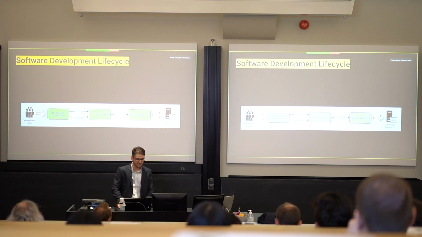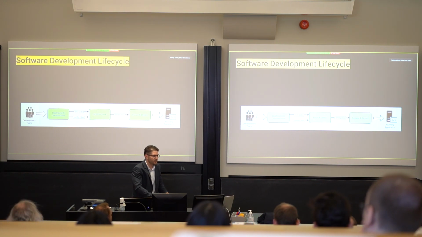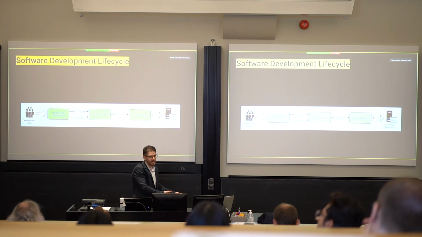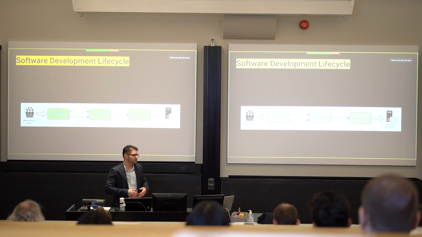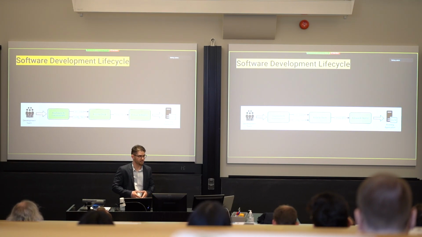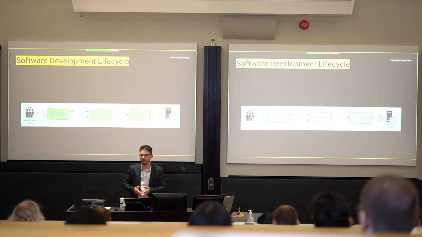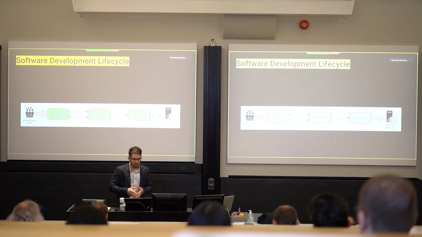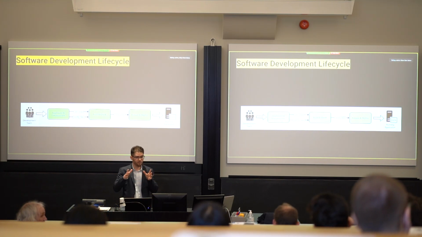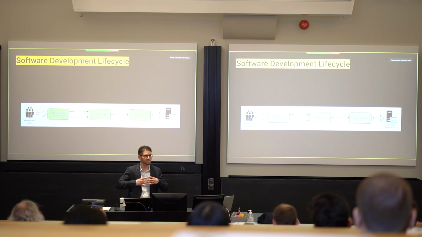The first one consists in implementing the feature or implementing the piece of software that complies with the requirements. And in order to do this, the developers communicate and use different tools. And the output is normally source code and configuration files.